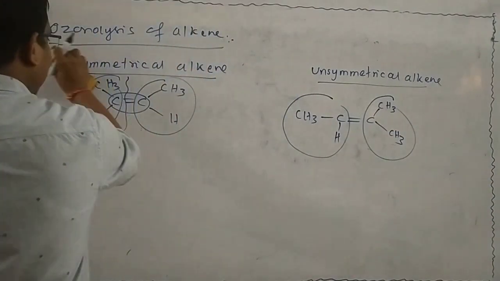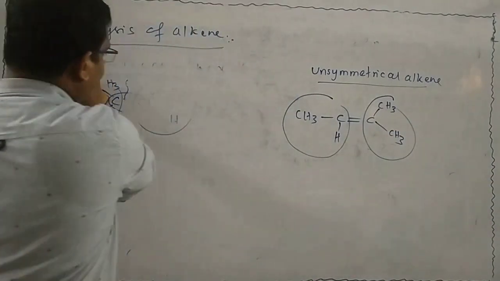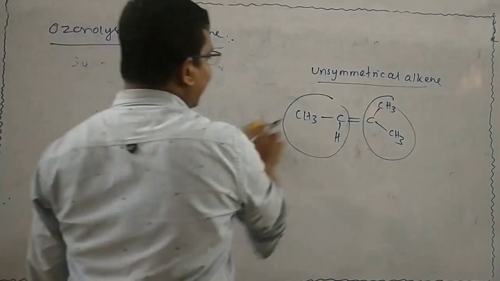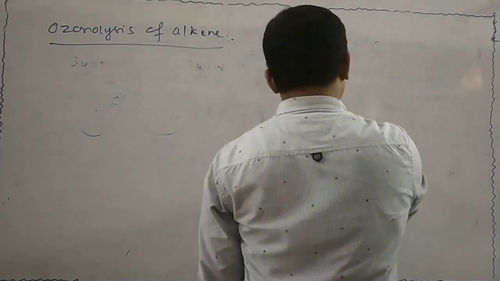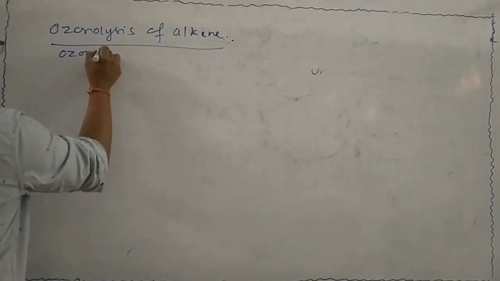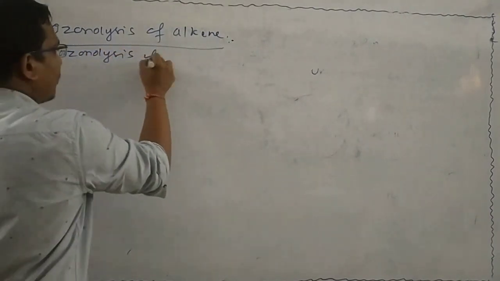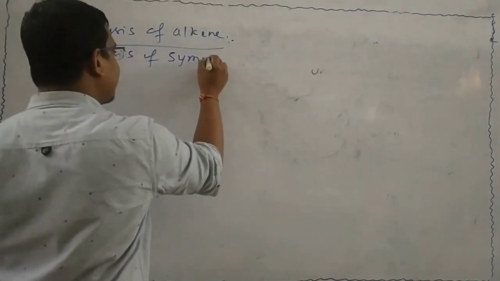Now take a symmetrical alkene and subject it to ozonolysis. Ozonolysis means reaction with ozone, that is O3. Ozonolysis of symmetrical alkene.